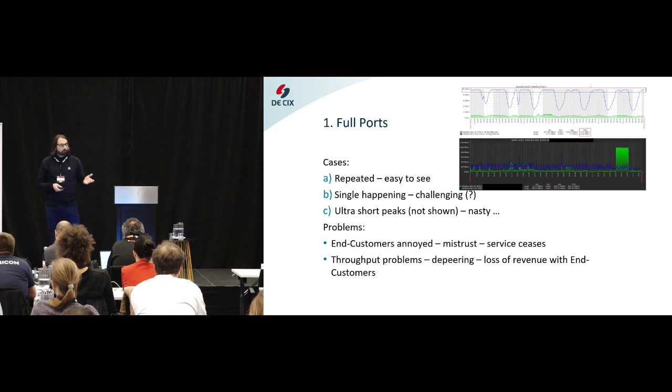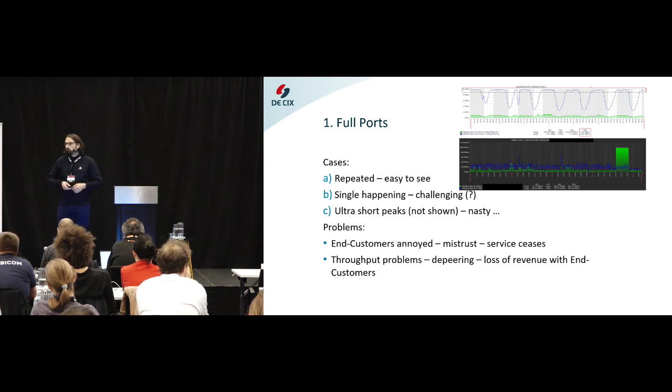But maybe case B is a bit more tricky. Maybe you had a peak just once, and it disappeared in your monitoring while you were not looking at it, and some customers might be hit. Finding these past incidents somewhere in the history could be an issue already.